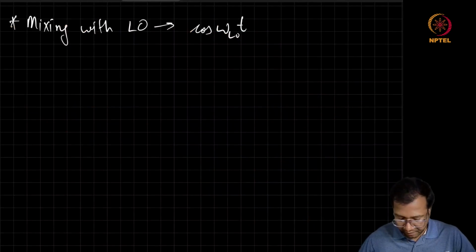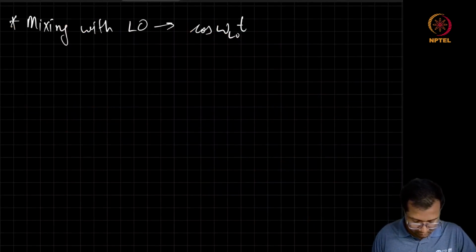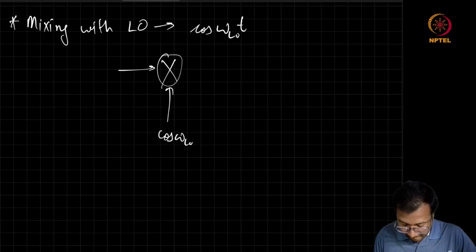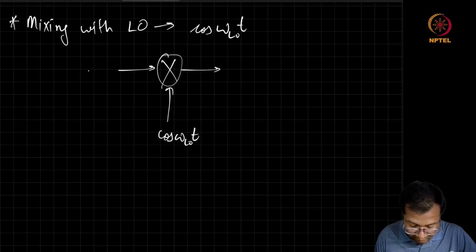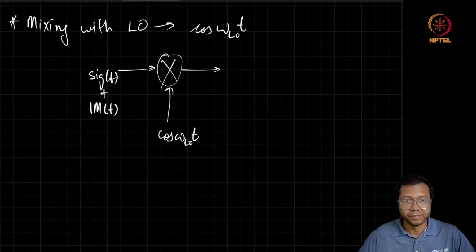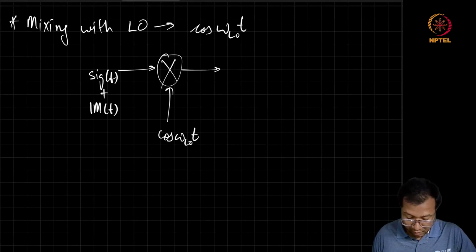The process we are going to analyze has this input, which contains our desired signal plus the image signal, and we are going to look at how the output looks.